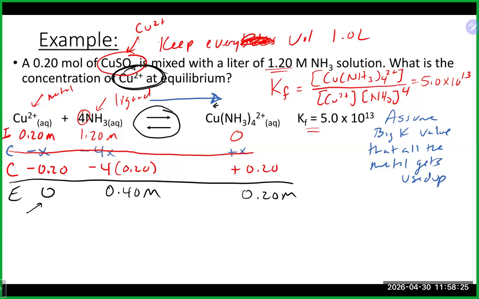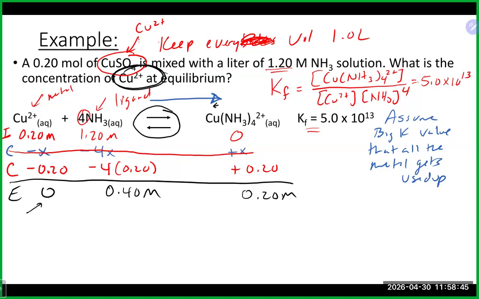The amount of free metal that should be there in the end should be a really, really small number, because pretty much all of it's over there on the product side. But because it has to go in both directions and it is reversible, you will have this little smidge of it that's going to break apart and stay apart and not be part of the complex ion.